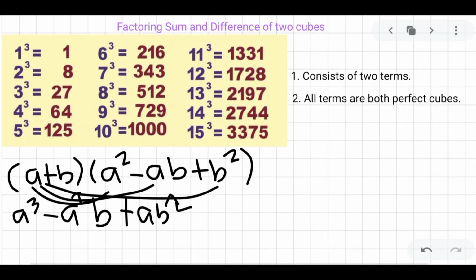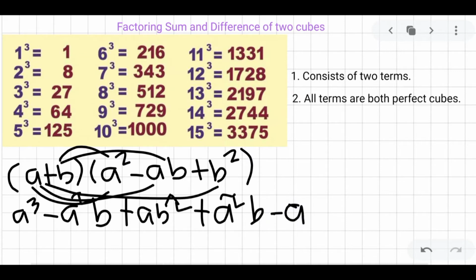Sorry for my handwriting. So positive b times a squared, the answer is positive a squared b. Next is positive b times negative ab, the answer is negative ab squared. Positive b times positive b squared, the answer is positive b cubed.